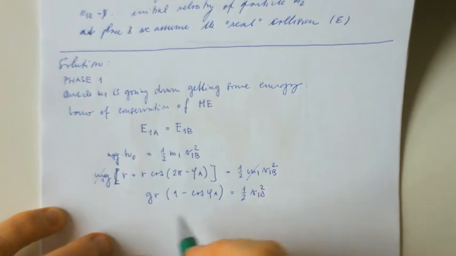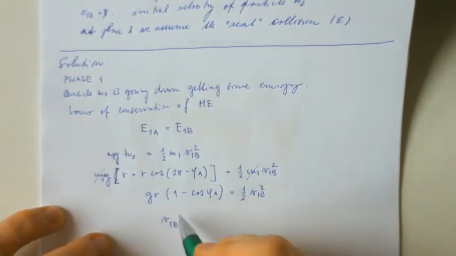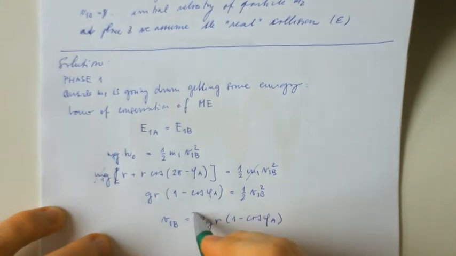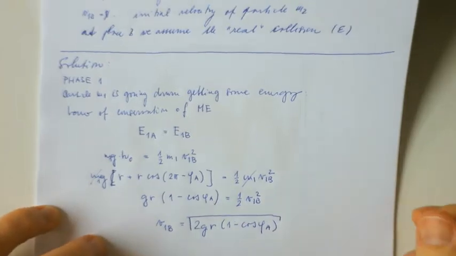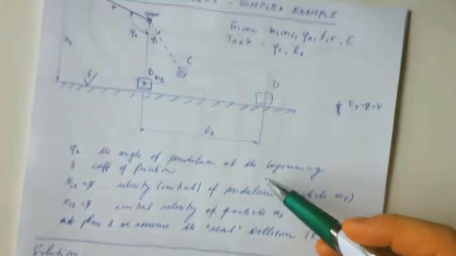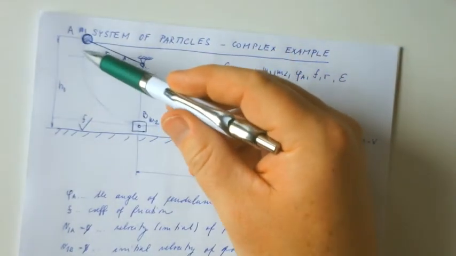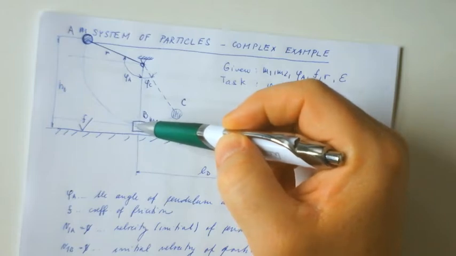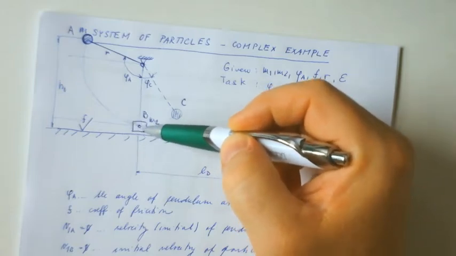From this we can calculate the final velocity of phase 1 for mass 1: it is the square root of 2gr times 1 minus cosine phi A. This is the end of phase 1, where particle number 1 is going into the collision, and particle number 2 is waiting for collision.